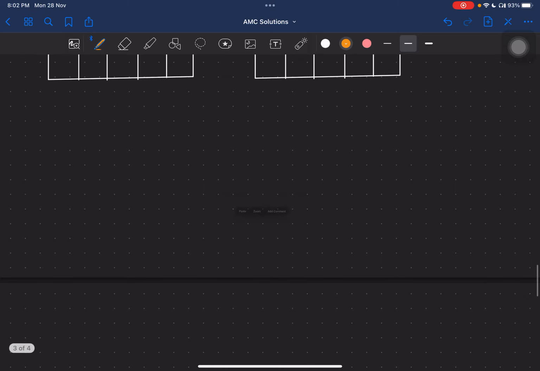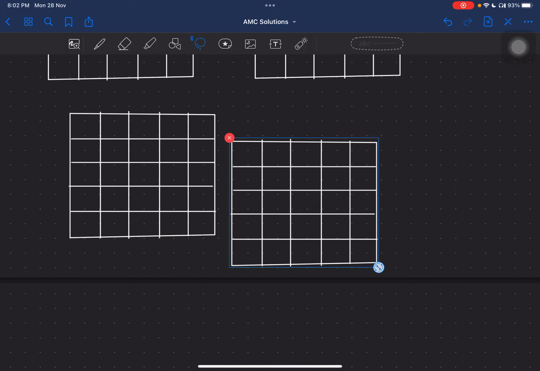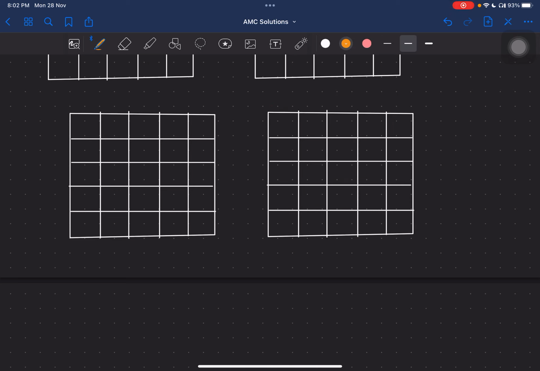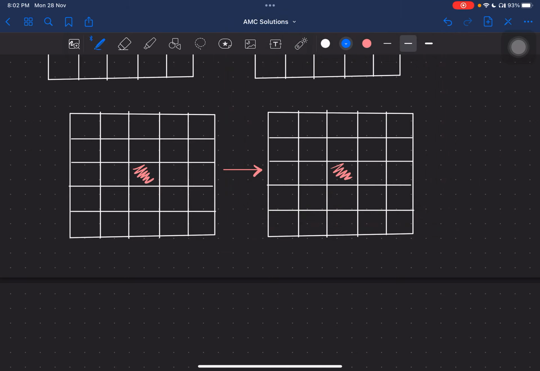So let us do one more case. As usual, this middle one is filled, and this one is filled after the transformation. Let us fill the middle one first.